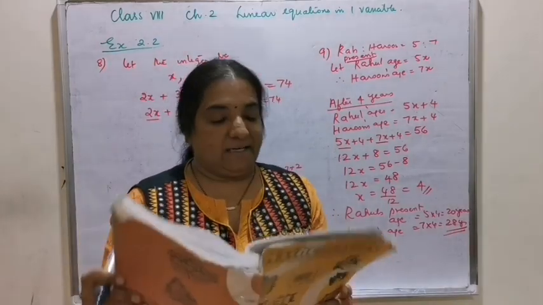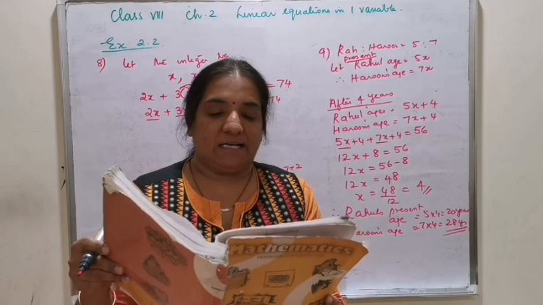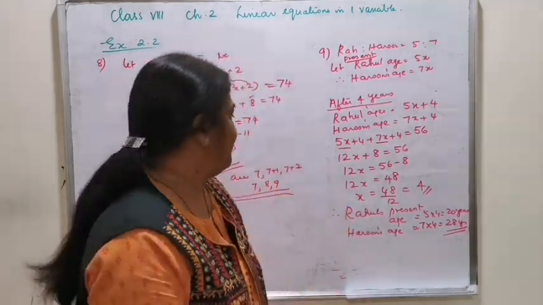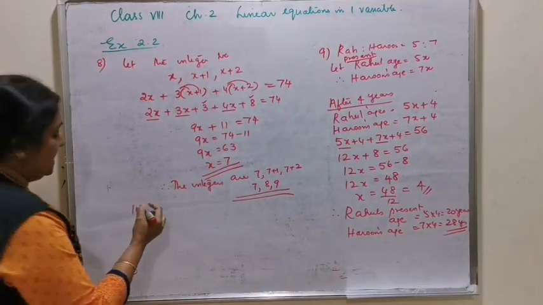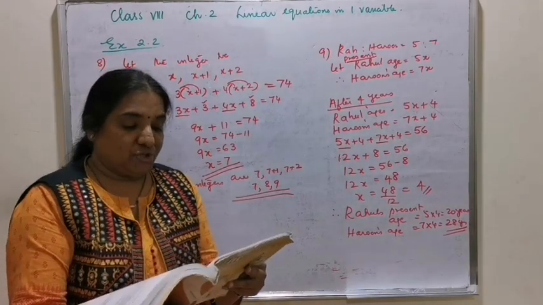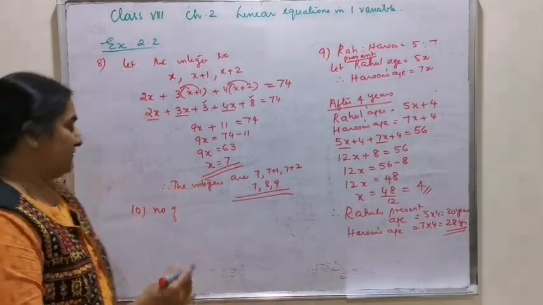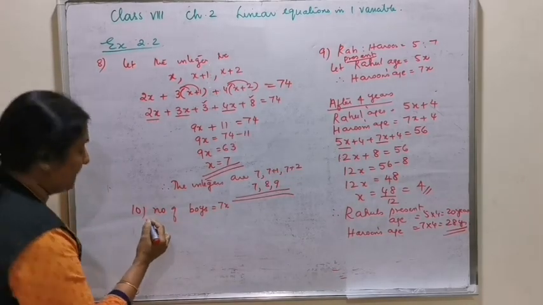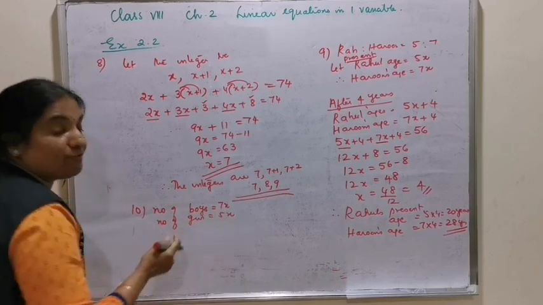Question number 10. The number of boys and girls in a class are in the ratio 7:5. The same application we can just explain as boys and girls ratio is 7:5. So let the number of boys be 7x and number of girls be 5x.